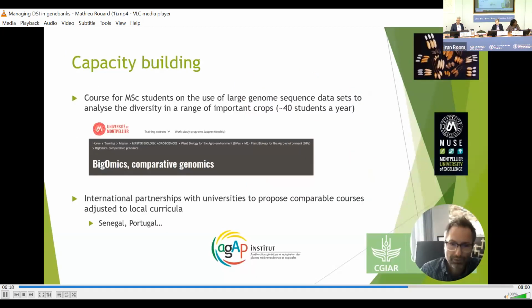I want to conclude this presentation by talking about capacity building, because this is really at the core of the question about DSI: how to facilitate access to genetic data if you don't have skills in bioinformatics, how to facilitate online access for many organizations, many labs.